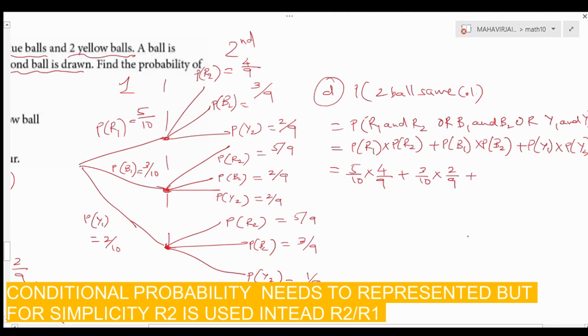The next one, Y1 is 2 by 10, into Y2 of the same branch, which is 1 by 9. You can simplify this and you have the answer. So I can simplify here itself: this is 2 and again 2 2s, so you have 2 by 9.